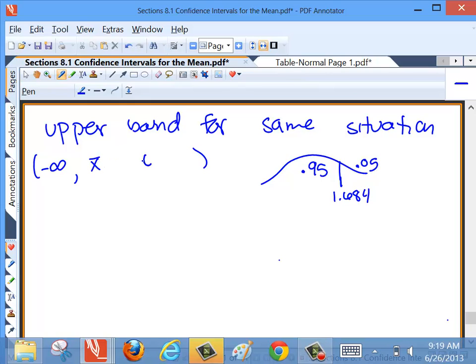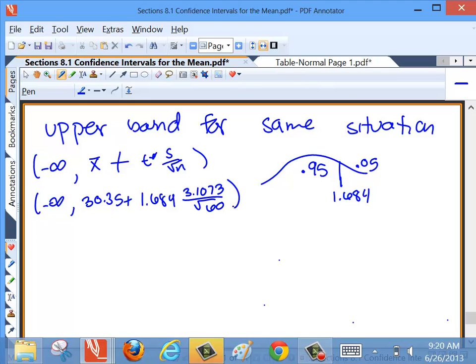I know I need an x bar and a critical point, and remember, it's always x bar minus and then x bar plus. If I want my upper bound, what should my final sign be? Plus. So we'd have negative infinity, and then x bar, which was 30.35, plus 1.684 times s over the square root of 60.